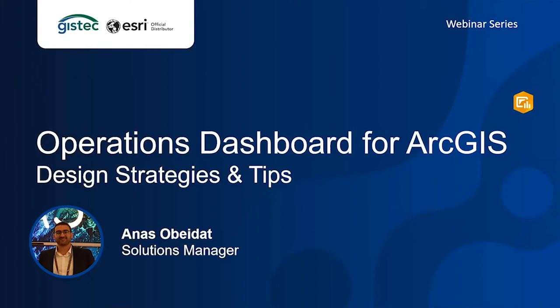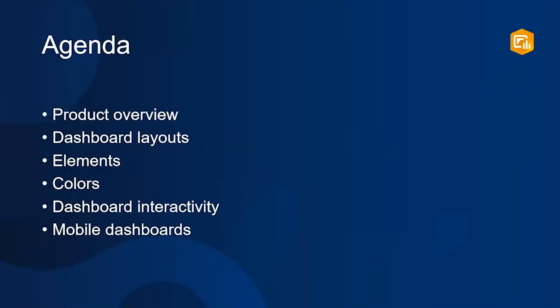In this presentation, we will cover the following topics. We will start with the product overview, and talk about the operations dashboard in general. Then we will talk about the dashboard layout and elements. Then the various widgets we have in the operations dashboard.